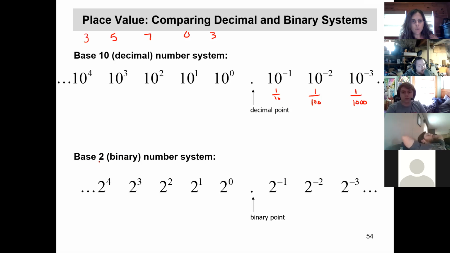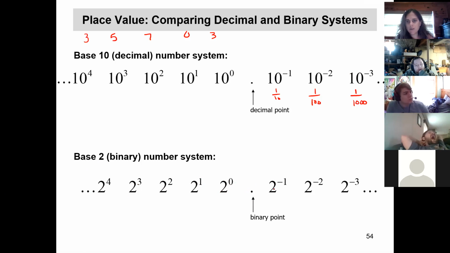So base 2, or the binary number system, here's our binary point. It's not called a decimal point, it's a binary point. And next to it on the left, 2 to the 0 is 1. Then we have 2 to the first, 2 to the second, 2 to the third. So our powers of 2 are increasing by 1 as we move to the left and decreasing by 1 as we move to the right.